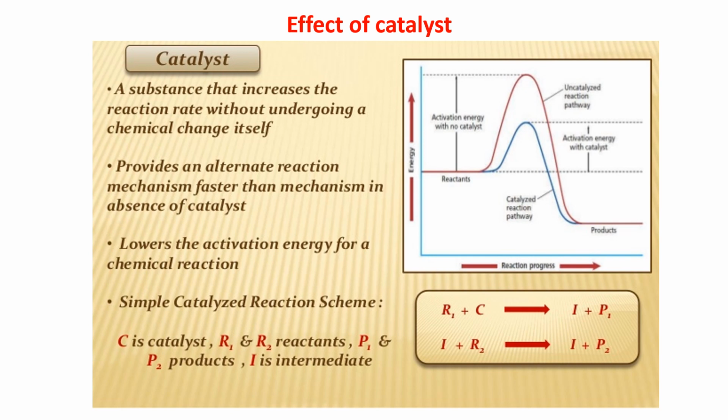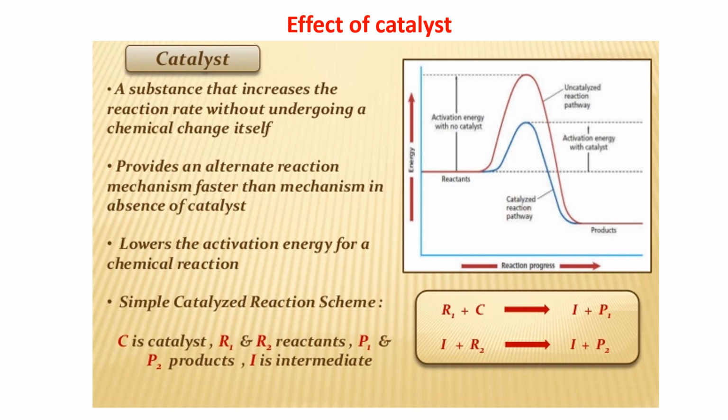If you give a catalyst, it will provide an alternate reaction mechanism which is faster than the previous one without the catalyst. It is lowering the activation energy for the chemical reaction. Now what is activation energy? That I'll tell you in the next video.